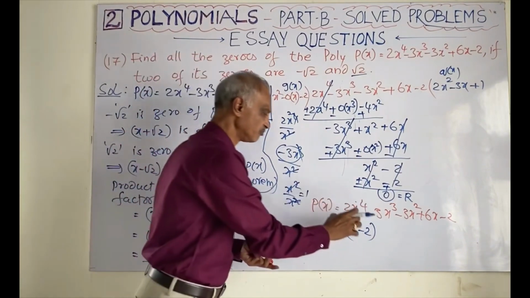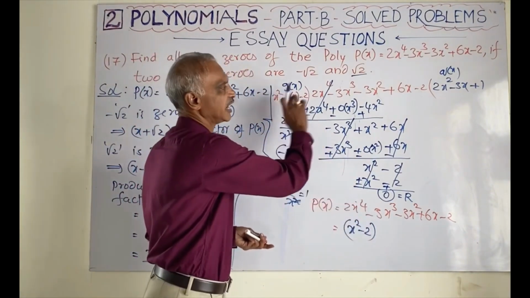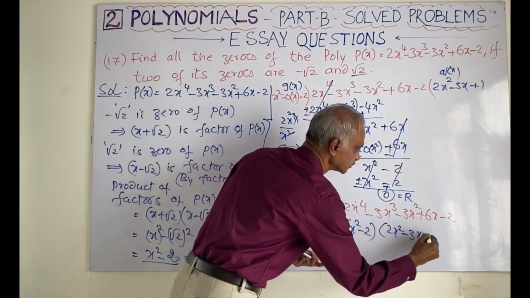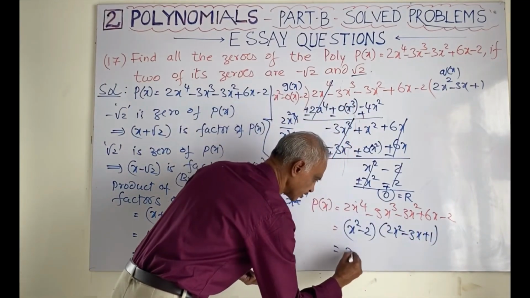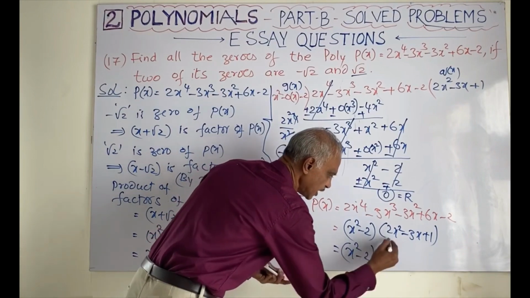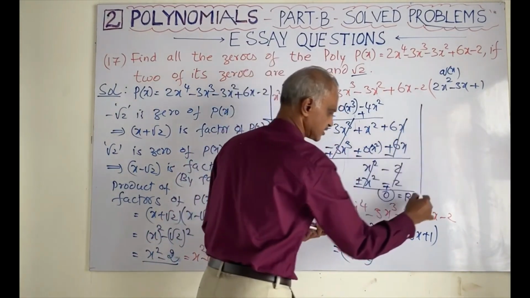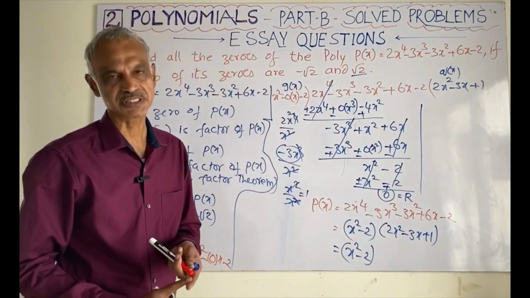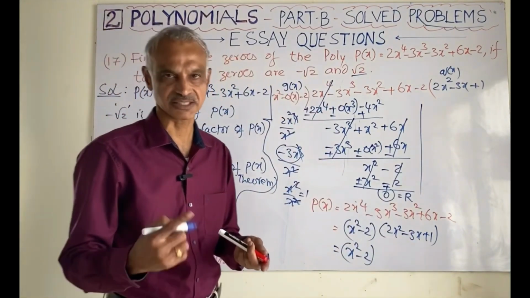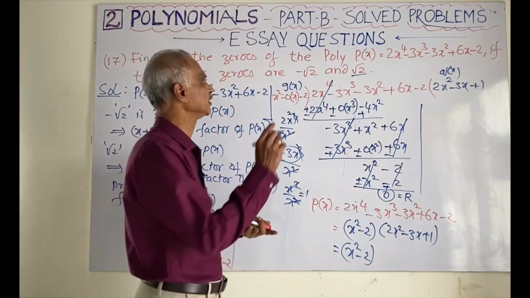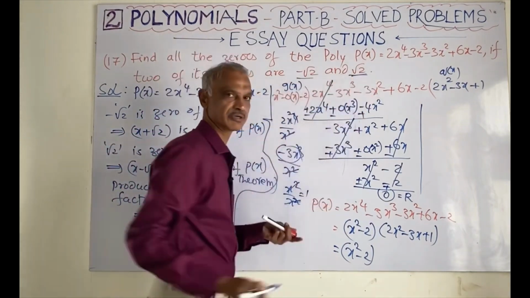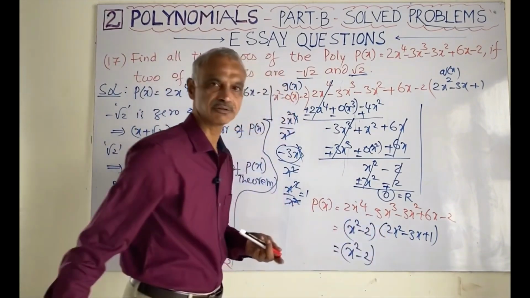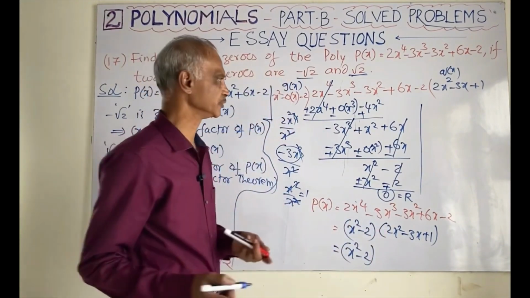The product of x square minus 2 and 2x square minus 3x plus 1. I am factorizing 2x square minus 3x plus 1 because we have to find the other zeros also. We have 2 zeros; we have to find the other 2 zeros. It is a quadratic polynomial, so you can find out 2 zeros.